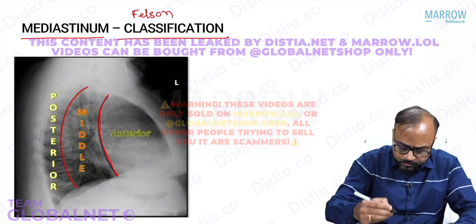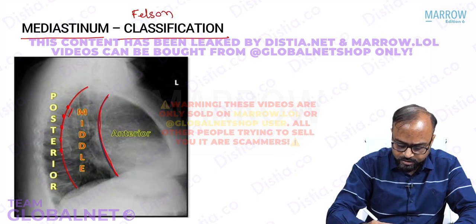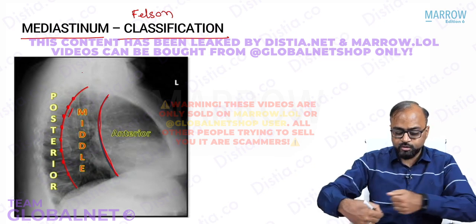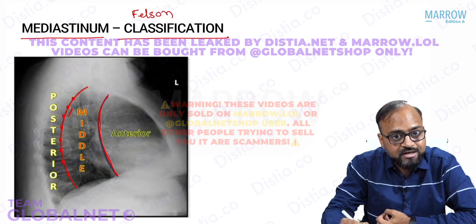Around 1 centimeter posterior to its anterior margin. So this is the anterior margin. There are points marked on the vertebral end plates around 1 centimeter posterior to the anterior margin, and then a line is drawn across all of these points, right? And this is how the second line is drawn.